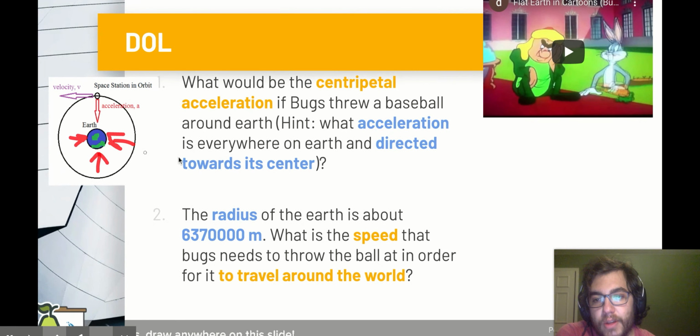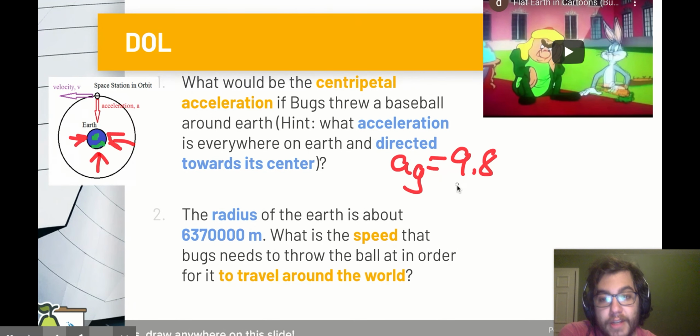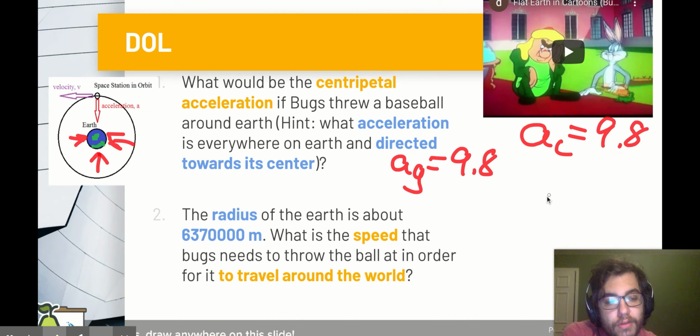We know it as gravity. The acceleration due to gravity is equal to 9.8. So technically speaking, if an object is orbiting around the Earth, that acceleration due to gravity is also the centripetal acceleration of anything orbiting Earth.